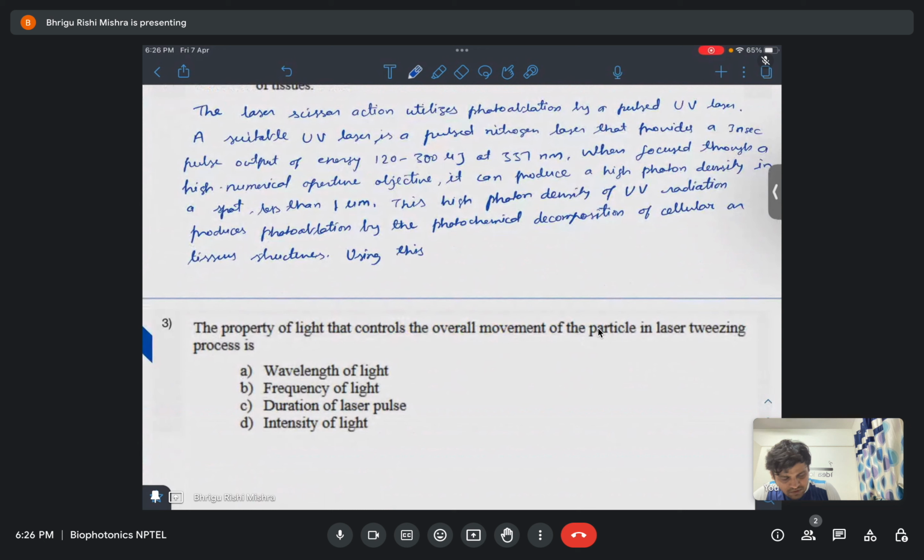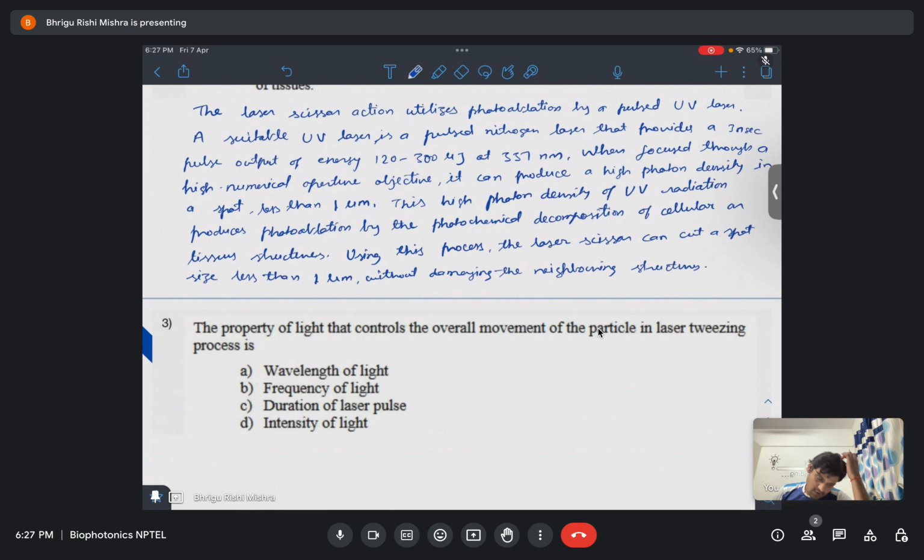Using this process, the laser scissor can cut a spot size less than 1 micrometer without damaging the neighboring structures.